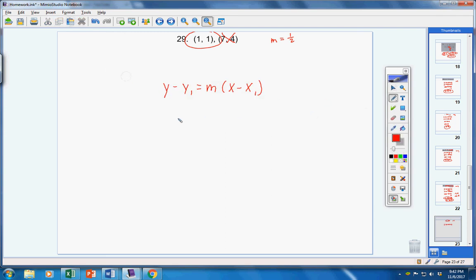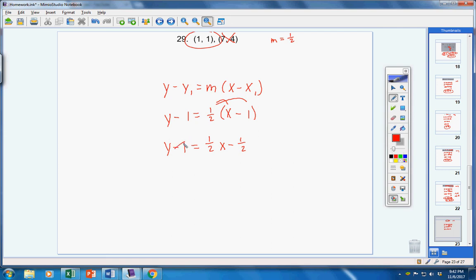So, y minus y, which is 1, equals m, which is 1/2, times x minus x, which is 1. y minus 1, there's nothing I can do to that. 1/2 times x is 1/2 x, 1/2 times negative 1 is negative 1/2, okay?